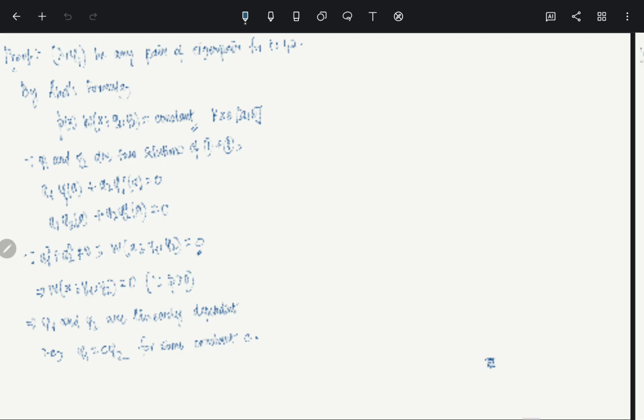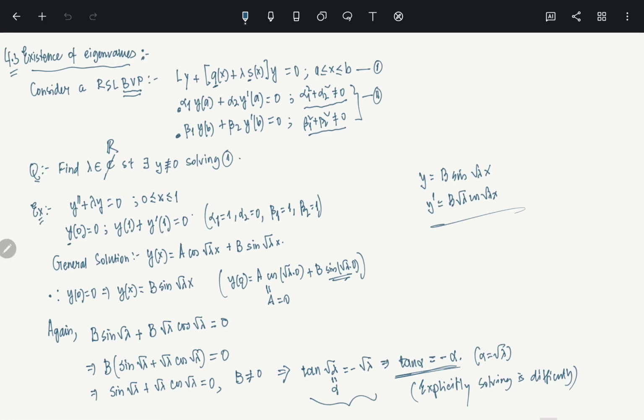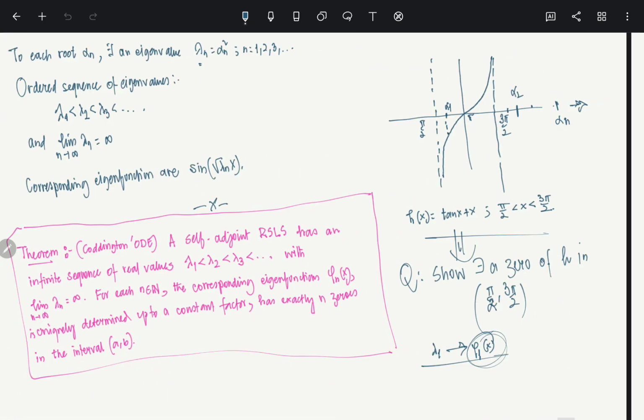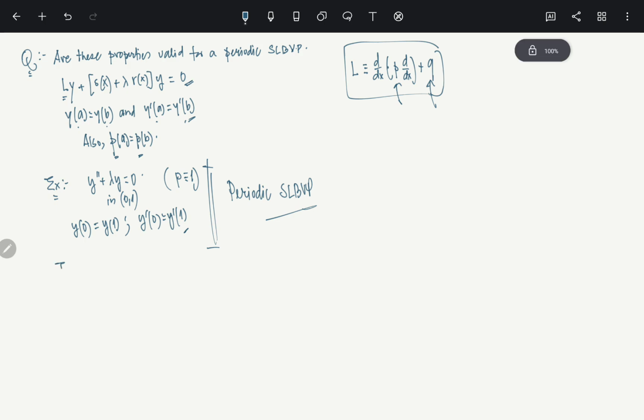So maybe we will put it in an assignment: we will show that theorem 6 does not hold for the periodic Sturm-Liouville boundary value problem. Okay, this is a big thing. You have to note that this does not work for the periodic Sturm-Liouville boundary value problem.